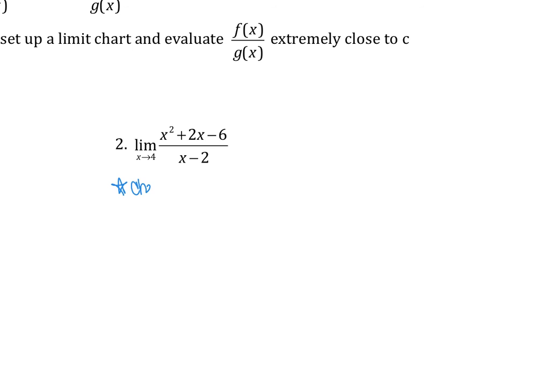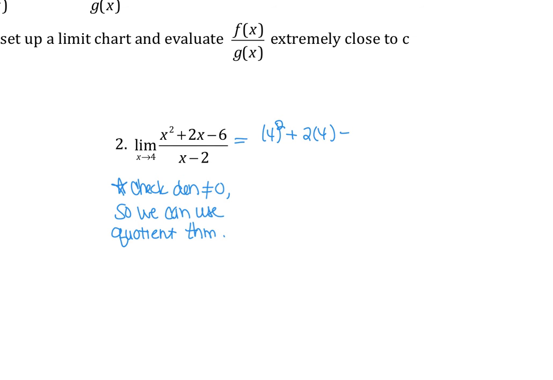So if I were to plug in 4, it does not equal 0, so that we can use the quotient theorem. And I'll just do direct substitution into the numerator and into the denominator. So that's going to give us 18 over 2, so we get 9.